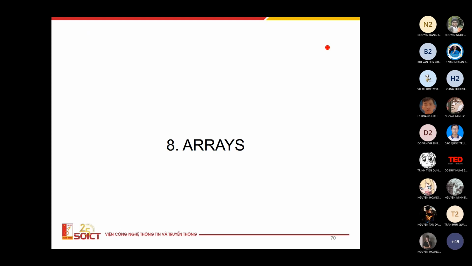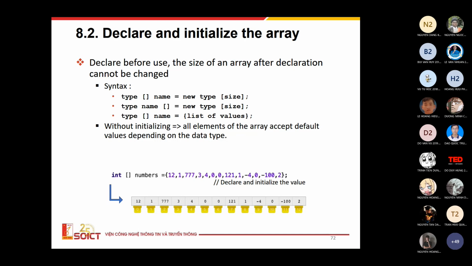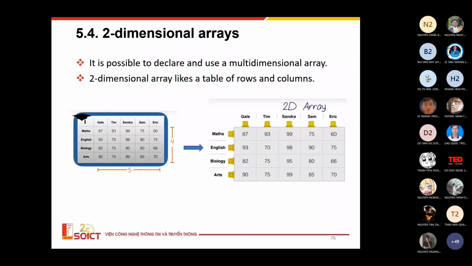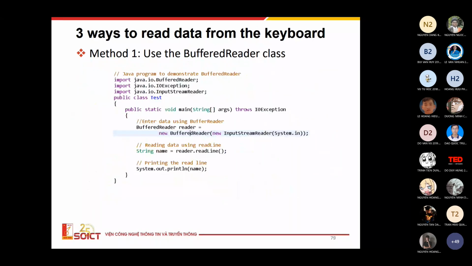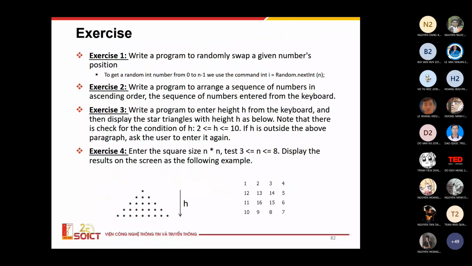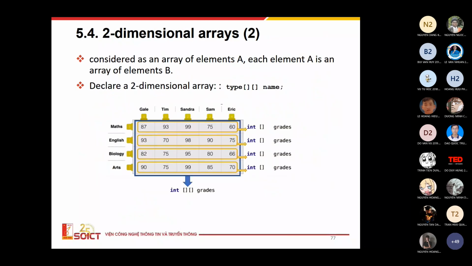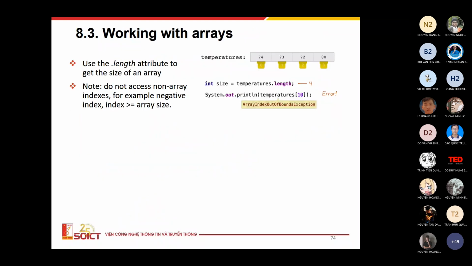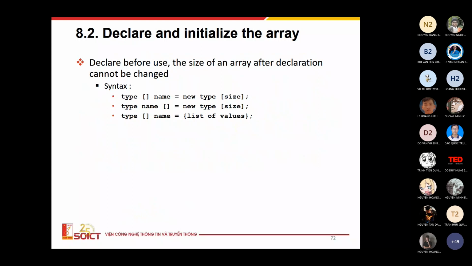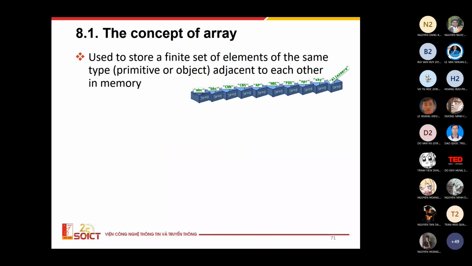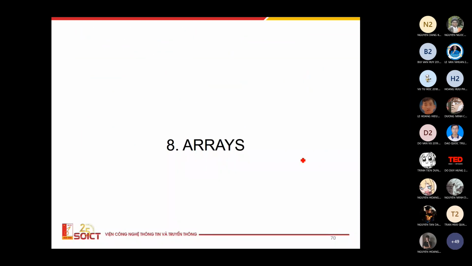Okay. And let me see if the homework has been erased or not. I think this has the array here. So I think for the array, you will read it at home, okay?